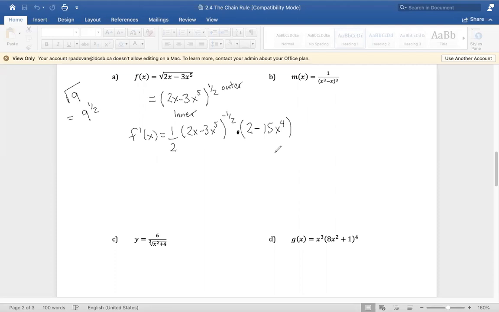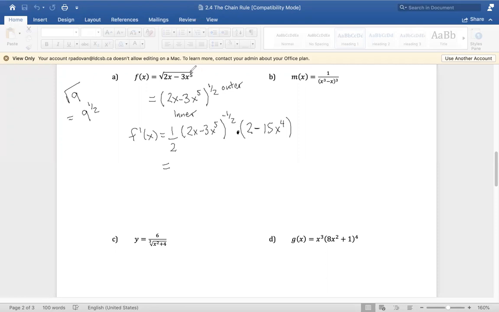Now, I know that this might seem silly to you because in order to get the derivative, we had to change it into an exponent. But then when we're basically cleaning up our answer, we do want to have it show the same way that the original question was. So we do want to put the radical back in.